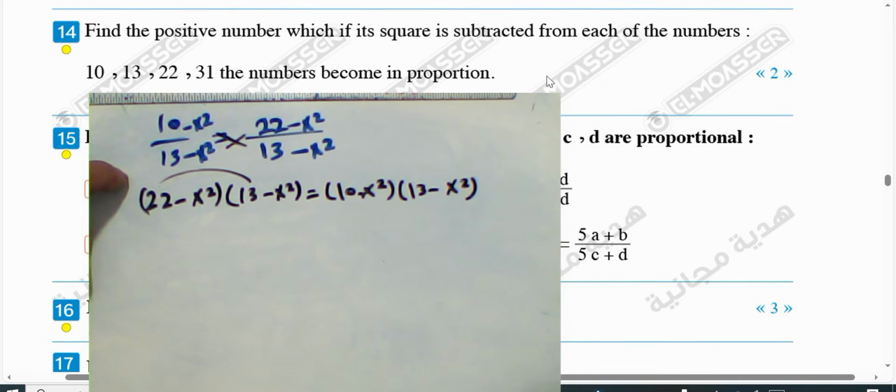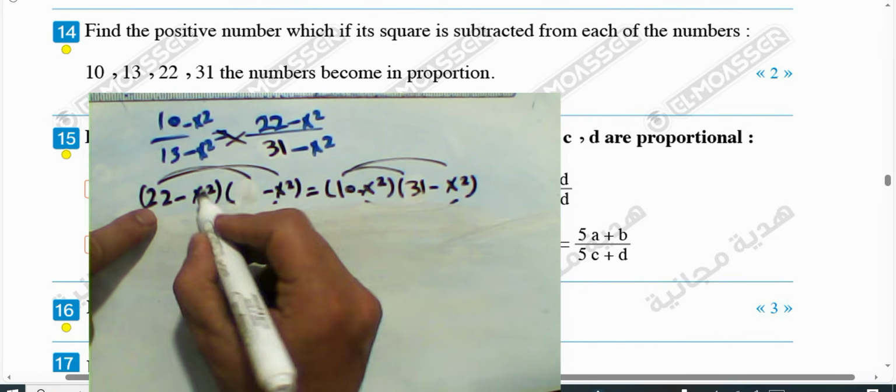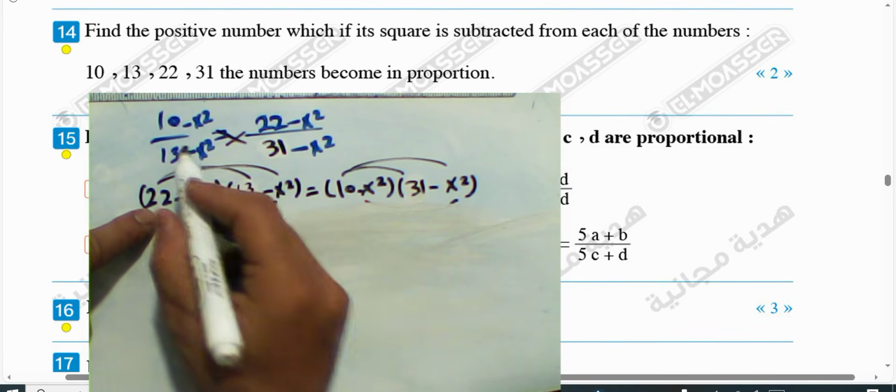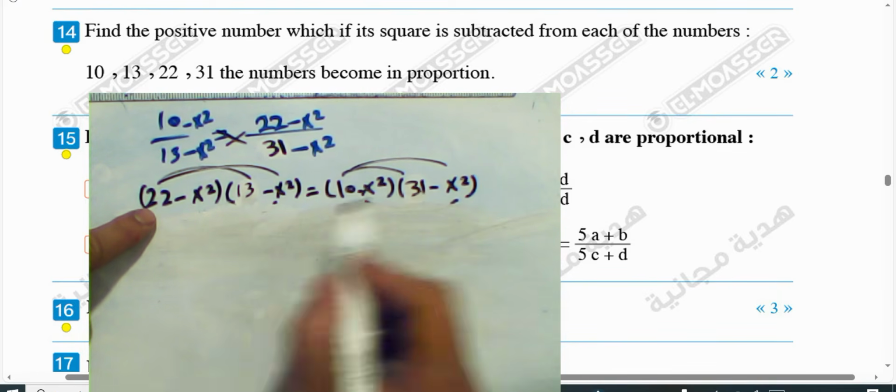The proportion is 22 minus x squared over 10 minus x squared equal 13 minus x squared over 31 minus x squared. So 22 minus x squared times 31 minus x squared equals 10 minus x squared times 13 minus x squared.